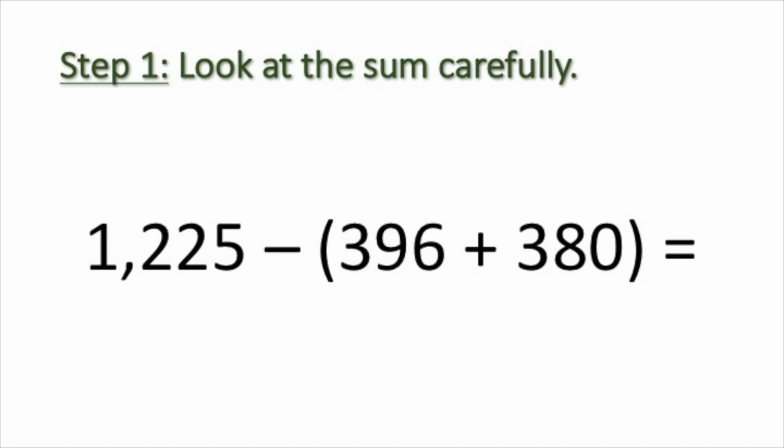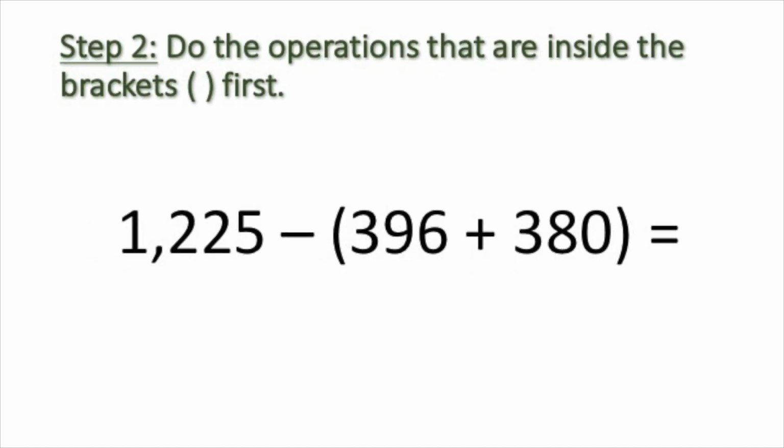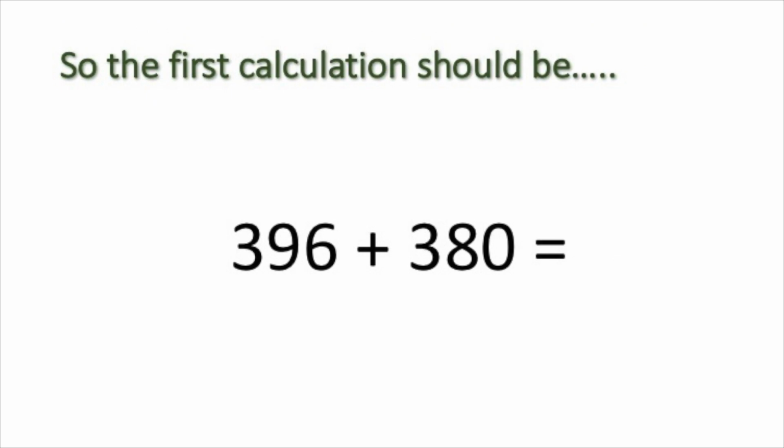Always start in brackets. So the first sum we need to make, 396 plus 380. Yes. Always do the operation in brackets first. So any ideas yet?